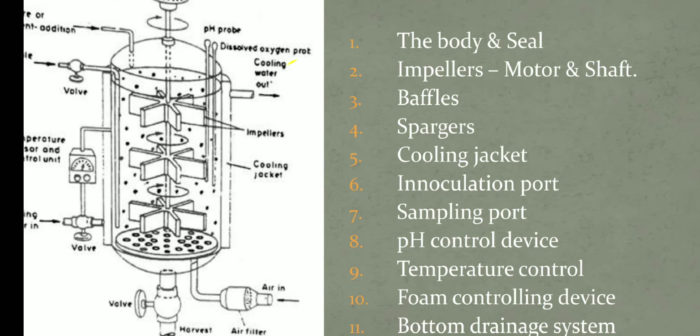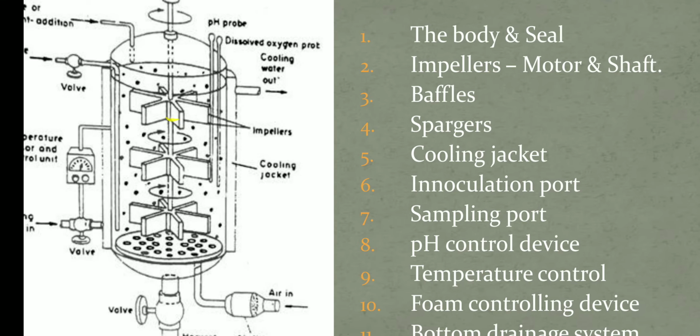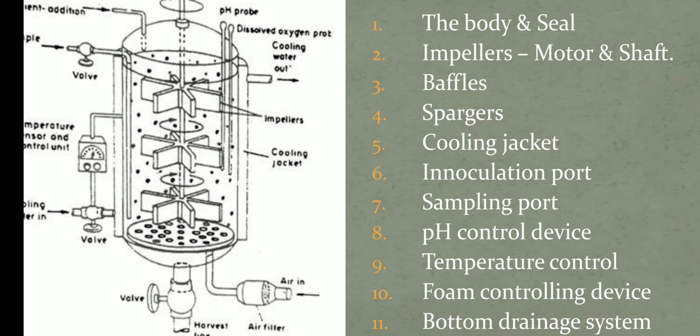And you can see here there are fan shaped structures. These shaped structures are called impellers. Impellers help in the process of agitation. The impellers help in mixing of the contents present in the fermenter tank.